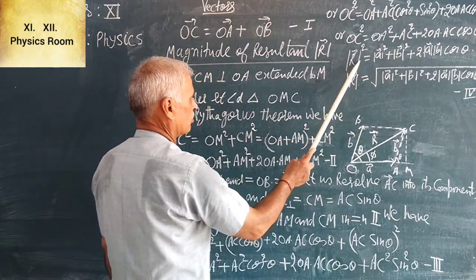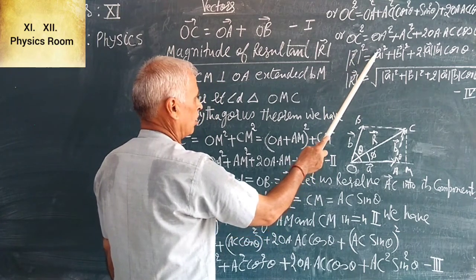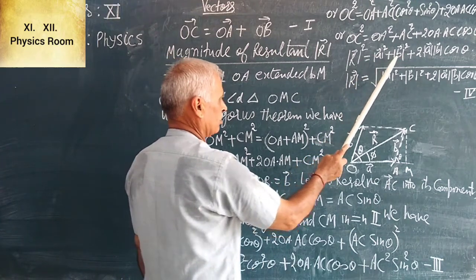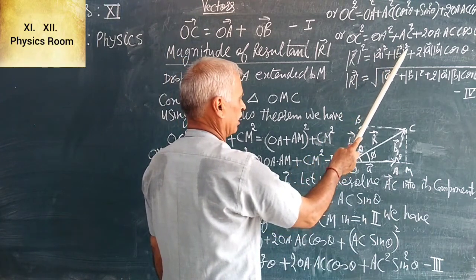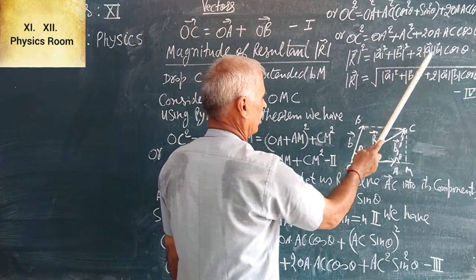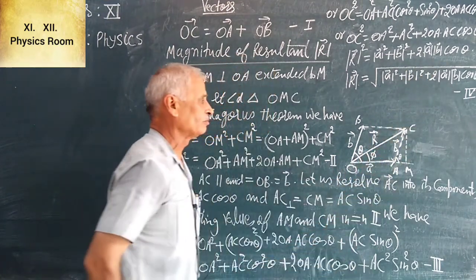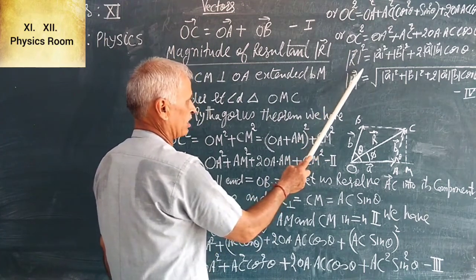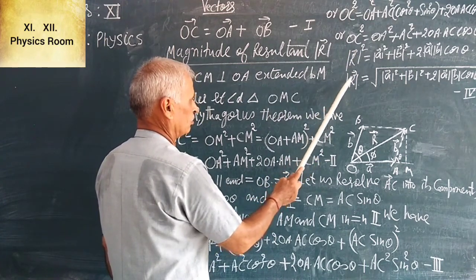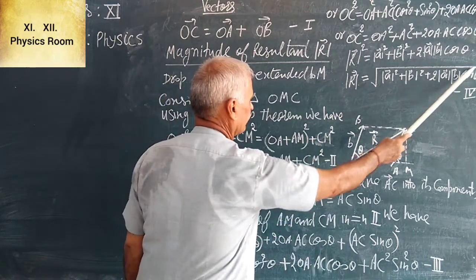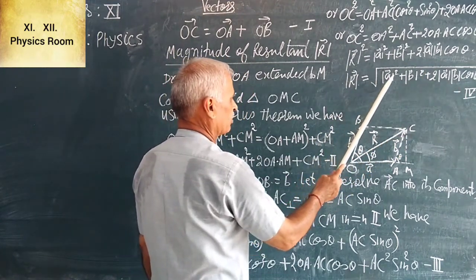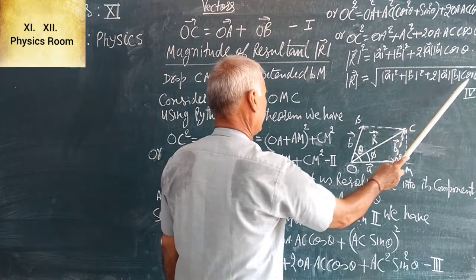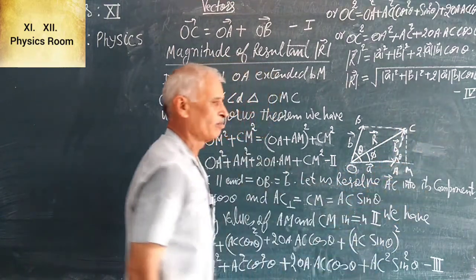So mod r square is equal to mod of vector A square plus mod of vector B square plus 2 mod A mod B cos theta, and we take under root. Now it is square, we take under root. So mod r is equal to under root of mod A square plus mod B square plus 2 mod A mod B cos theta. Let us mark it as equation number 4.